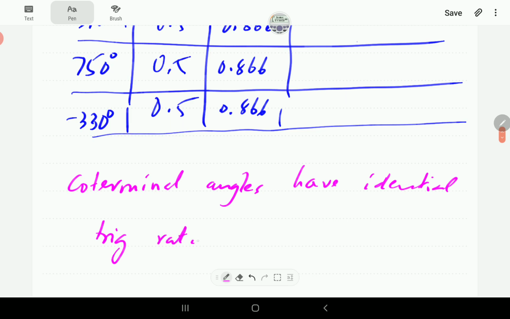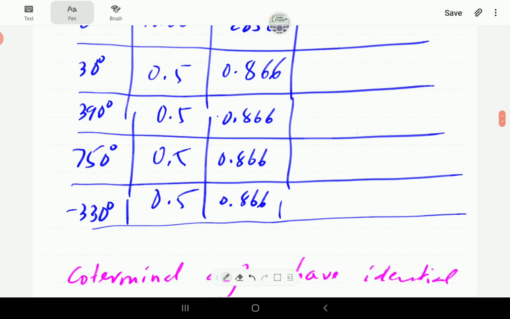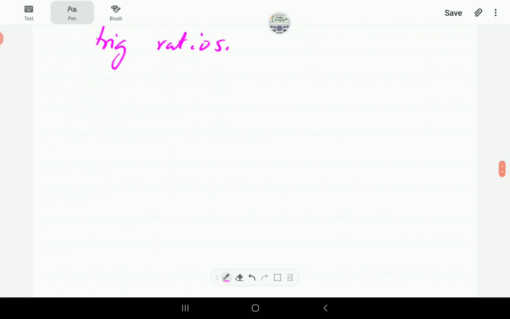So that means if you know the trigonometric ratios of one angle, then you already know the trigonometric ratios of its coterminal, shall we call them siblings. Like if you know the trigonometric ratios of 30, then you already know the trigonometric ratios of 390, 750, etc. So that's coterminal angles.